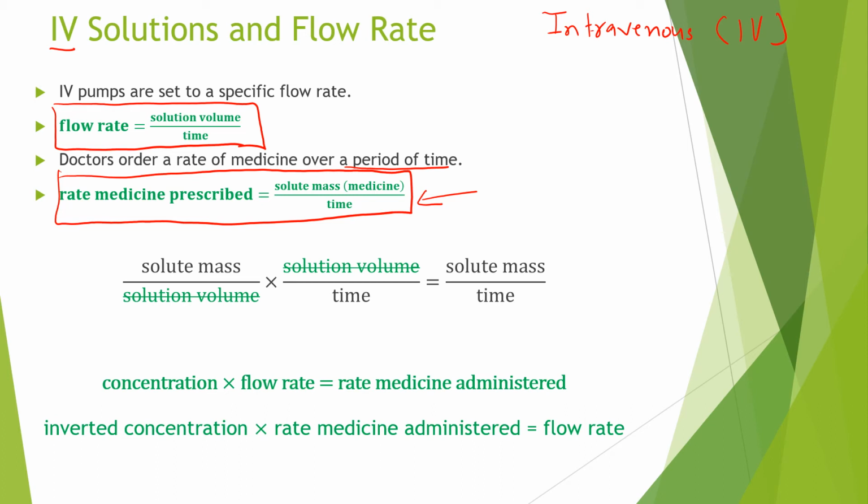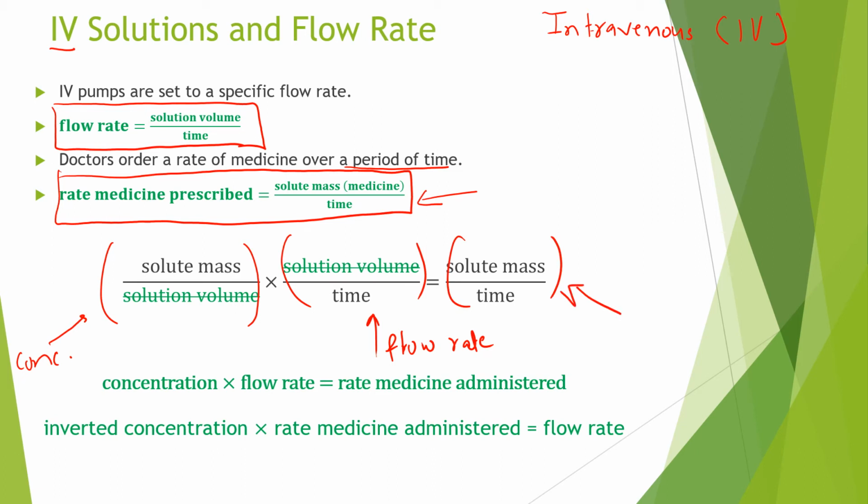For example, multiplying concentration, as shown here, so this is the concentration, by flow rate, this section is flow rate, we get the rate of medicine prescribed.